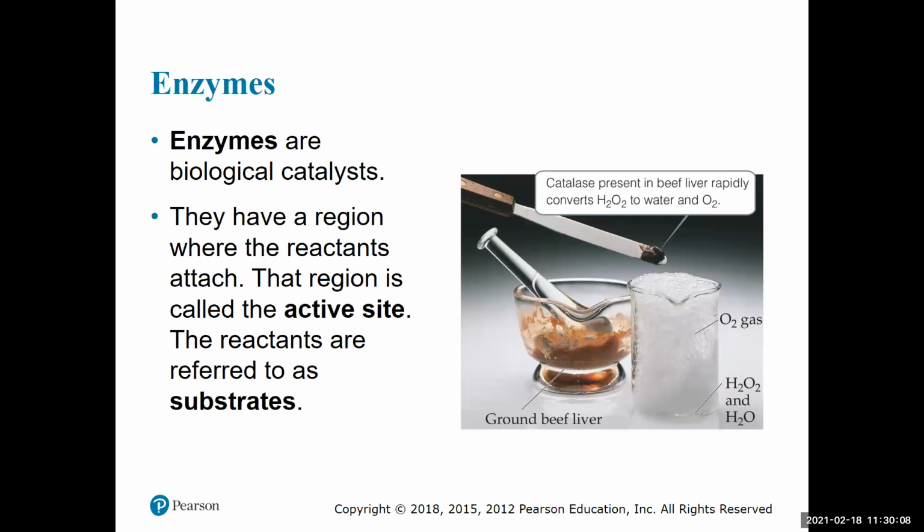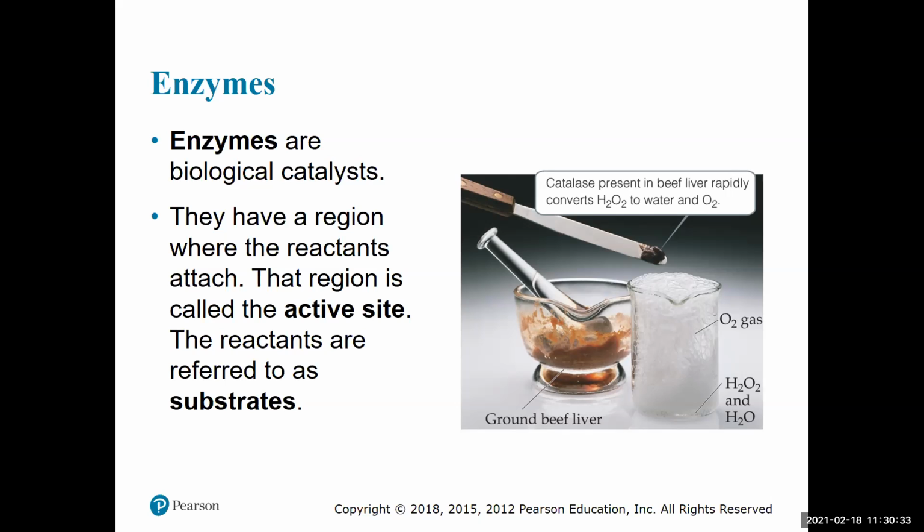Just as with our other reactions, you've got to have that contact. And that region where the reactants can attach is called the active site. And then the reactants are referred to as the substrates. So you hear people talk about substrates all the time in biology. That's the reactants. I don't know why they don't say reactants, but they don't.